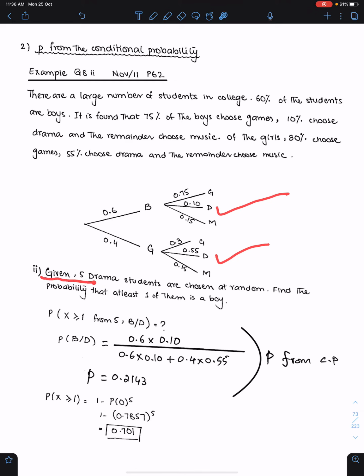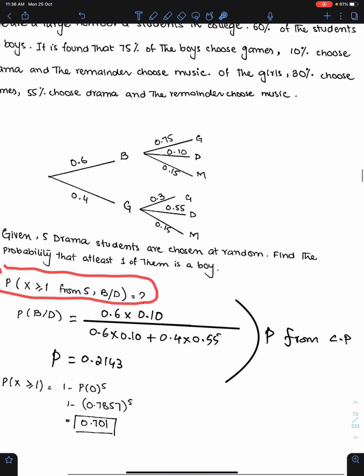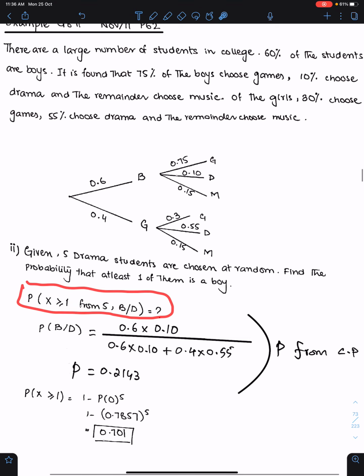Given that 5 drama students are chosen at random, find the probability that at least one of them is a boy. We need this probability.